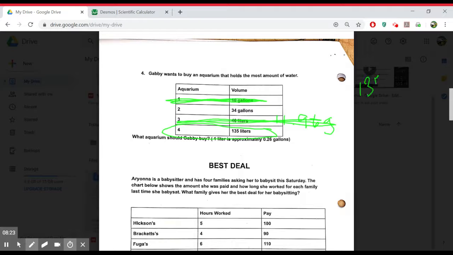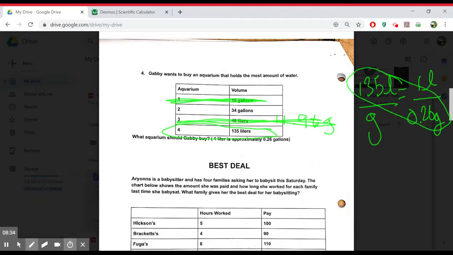So 135 liters is equal to, 1 liter is 0.26 gallons. Don't know how many gallons it is. We cross multiply, and we're going to end up dividing by 1.